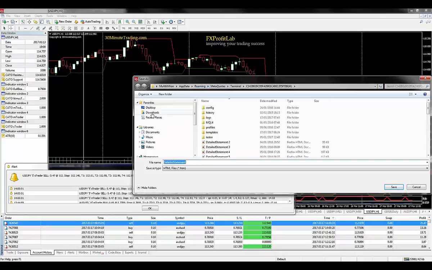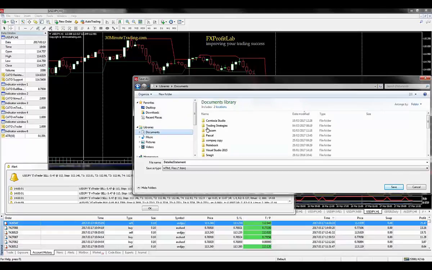I'm going to put it somewhere else, so I'm going to put it into my folder trading strategies, and I'll save it there as a detail statement. I'll give it a name, detail statement USDJPY 17th 03 2017. Okay, so that's fine. Save that.